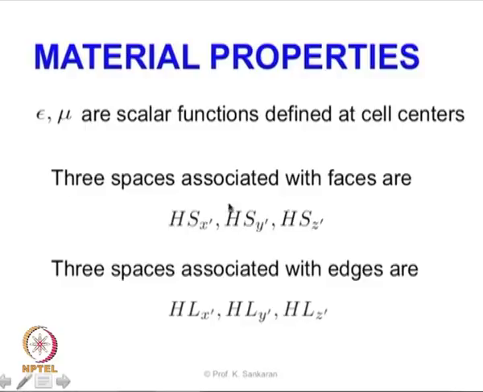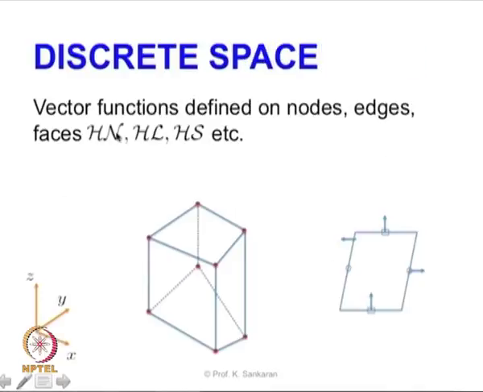As you can see, S stands for faces and L stands for line or edges. So the vector functions are generally defined on nodes or edges or faces, in the spaces vector Hn, vector Hl and vector Hs, etc.